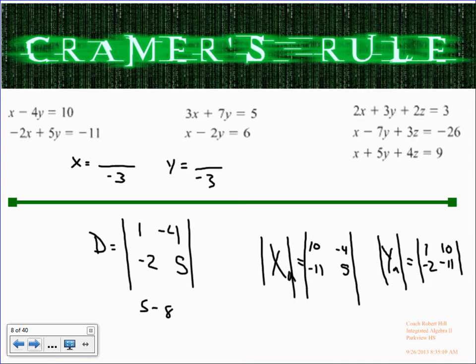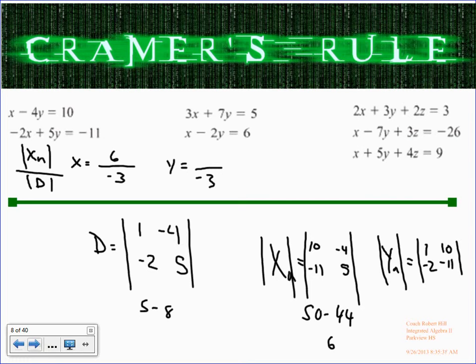The numerator, 50 minus 44. What's 50 minus 44? 6. So I take that 6 and I make it the numerator here. That's why I started using that subscript n, so that you would understand that x's numerator comes from that matrix.